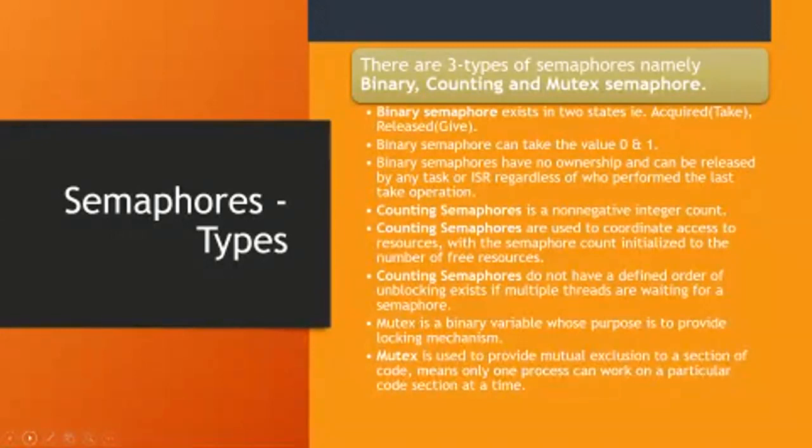They have no ownership and can be released by any task or ISR. Counting semaphore is a non-negative count. Counting semaphores are used to coordinate access to resources. Counting semaphores don't have a defined order of unblocking. Unblocking matters if multiple threads are waiting for the semaphore.